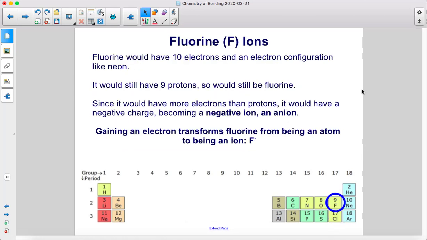Fluorine would have 10 electrons and an electron configuration like neon. It would still have 9 protons, so it would still be fluorine. Since it would have more electrons than protons, it would have a negative charge, becoming a negative ion or an anion. Gaining an electron transforms fluorine from being an atom to being an ion.